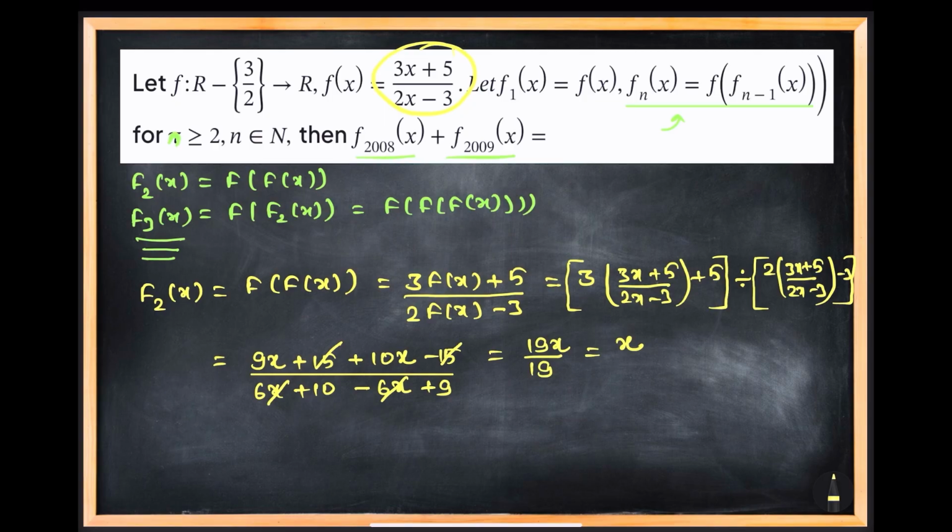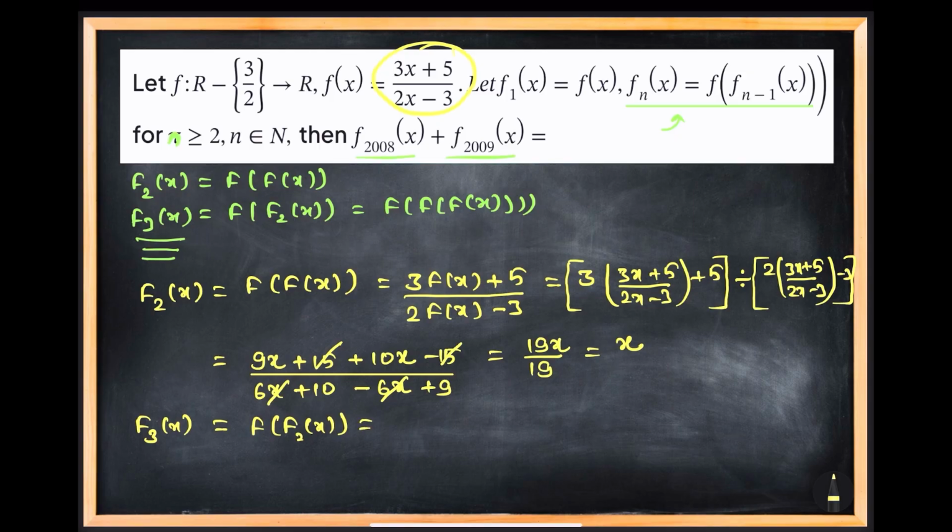Correct? So if we find f3(x), we have to replace x with f of x and then we will get f1(x). Okay, so if we write f3(x), it is nothing but f of f2(x). So in f2(x) you have to replace x by f of x.